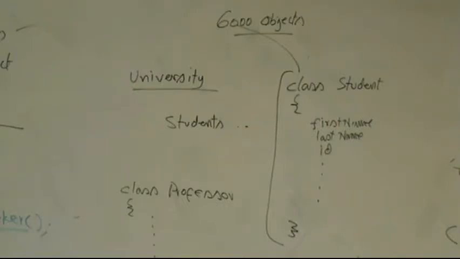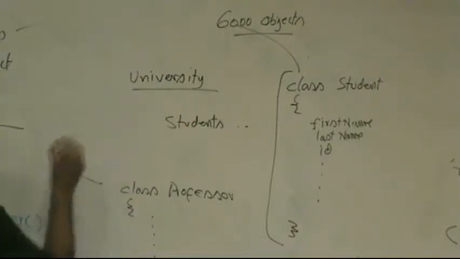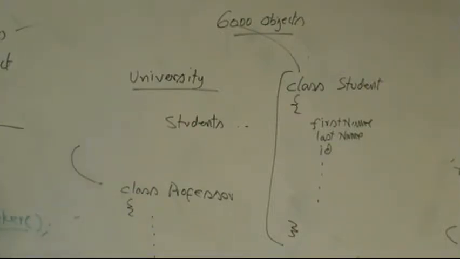Each professor has some kind of a title: assistant professor, associate professor, and so on. Each professor may have a certain specialty. Each professor teaches certain courses, right? So after listing all the data that we may need, how many objects of professor class will we create if we have 500 professors in the university? 500. And each object will contain different data, right?